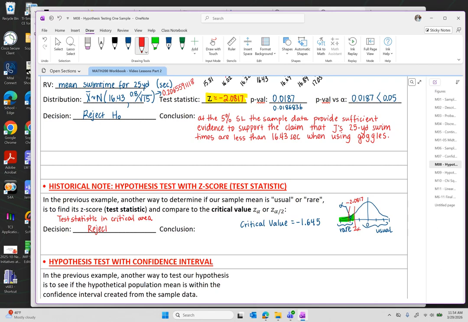So our decision will be to reject the null hypothesis, and our conclusion will be that at the 5% level of significance, the sample data provides sufficient evidence to support the claim that Jeffrey's 25-yard swim times are less than 16.43 seconds when using the goggles.